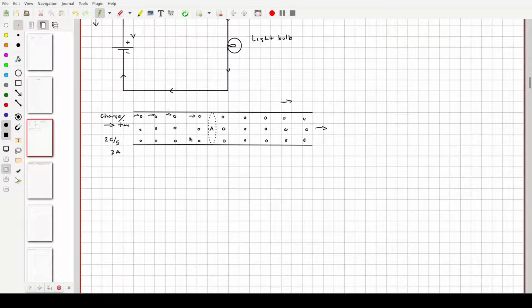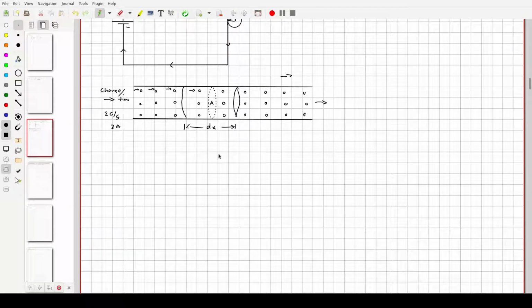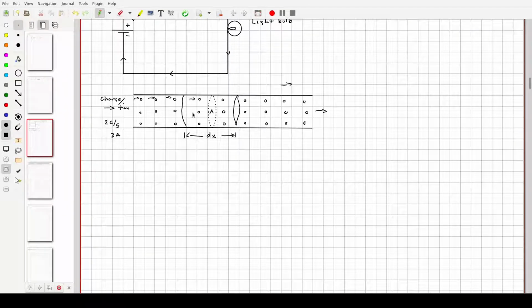Now, that said, let's think about a cross-section of this, maybe this little bit right here. It has a length, which I'm going to call dx. And we can ask the question, how much charge is passing through here? That would be dq, the differential charge. Remember, it's the charge carriers that are carrying this.